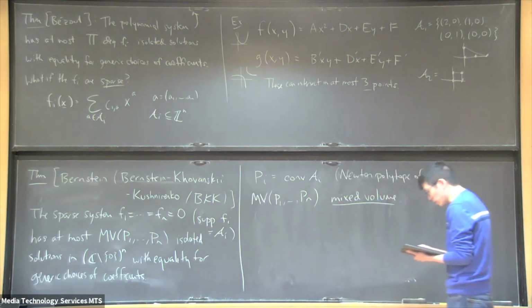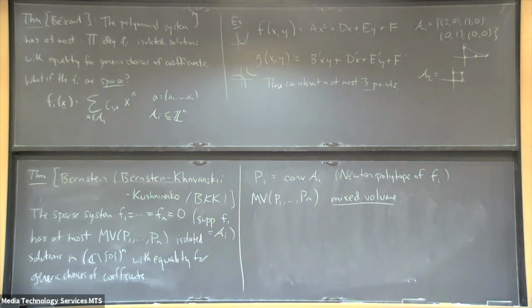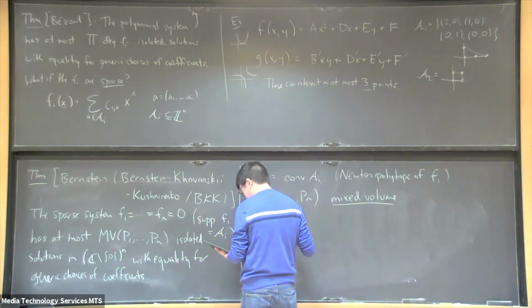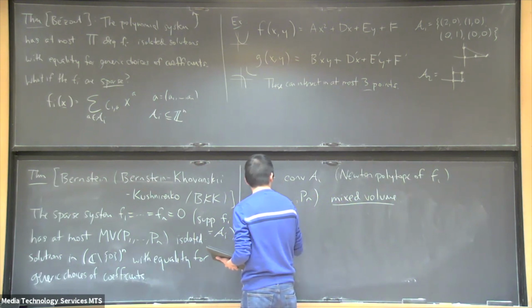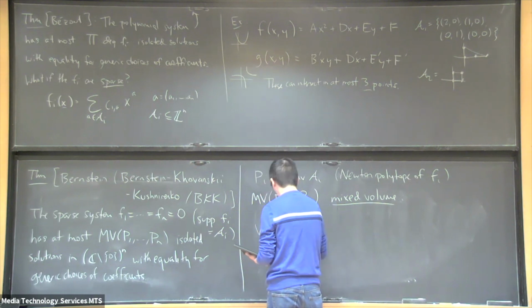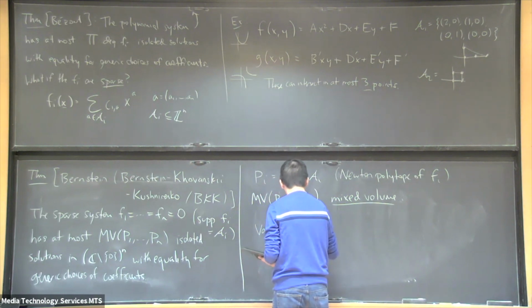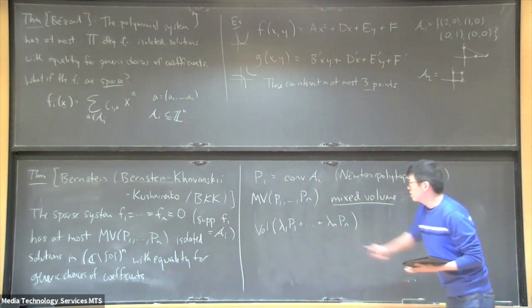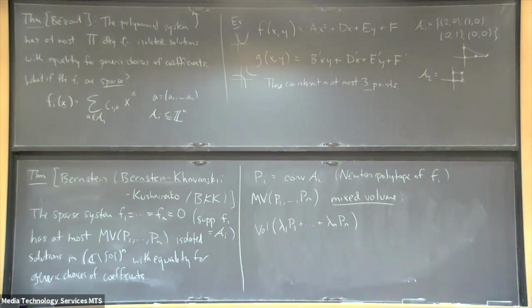Because the definition of mixed volume is a little bit complicated, I will have to talk for the next part of the talk about the definition of mixed volume, but suffice it to say that the quick and dirty definition is this. Look at the volume of the following polytope, where this plus denotes Minkowski sum.